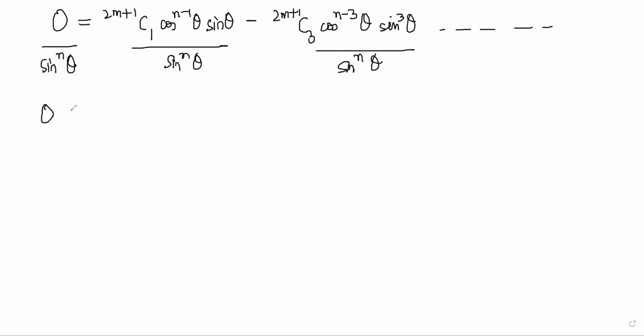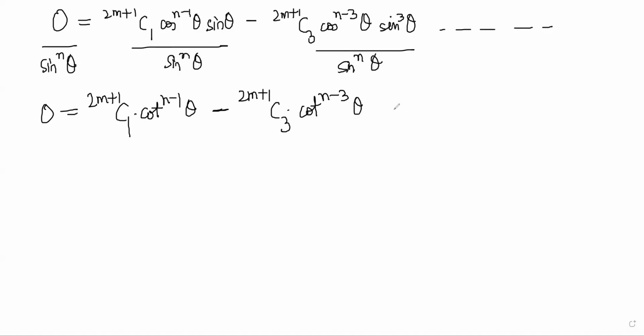You get 0 is equal to 2m plus 1 C1 cot power n minus 1 theta minus 2m plus 1 C3 cot power n minus 3 theta, and so on, right? Correct. These are the terms that you are getting.